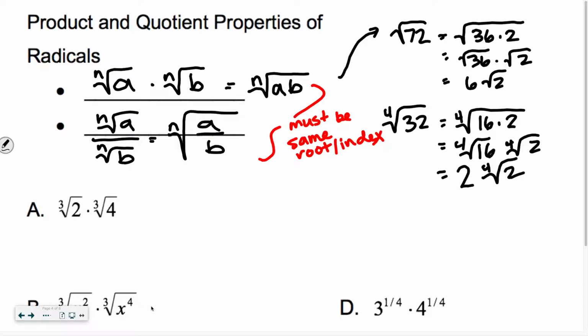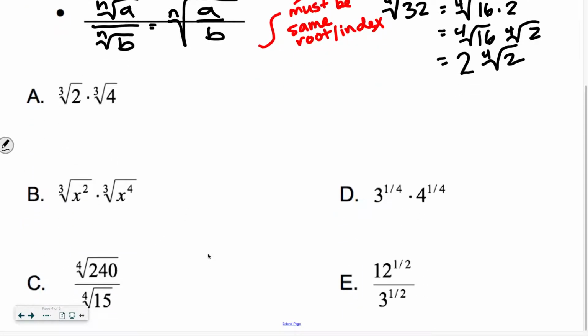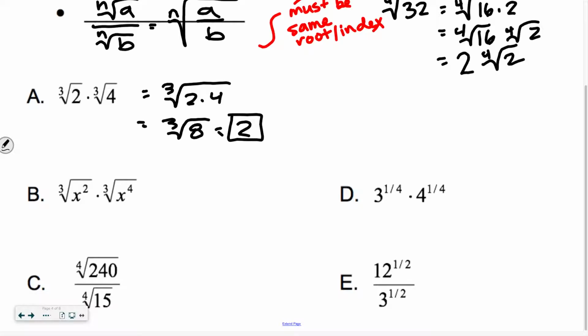Okay, so let's look at our examples. Letter A is pretty straightforward. That's going to be the cube root of 8, which is 2. If you can simplify it, do.